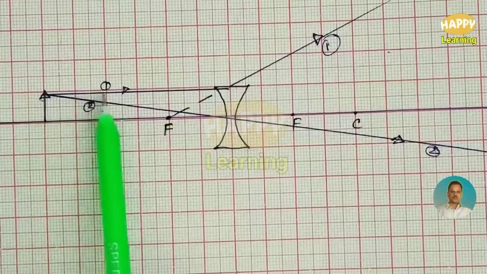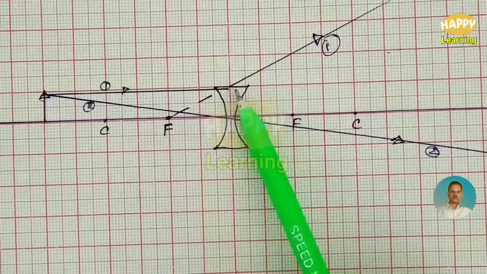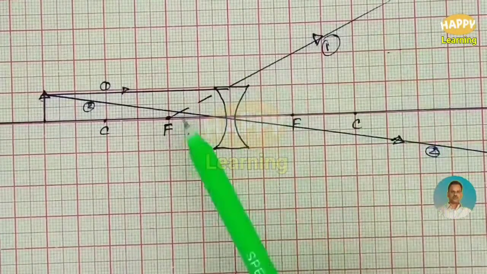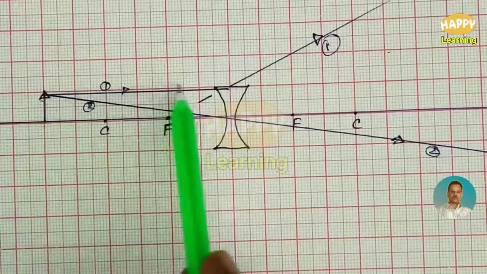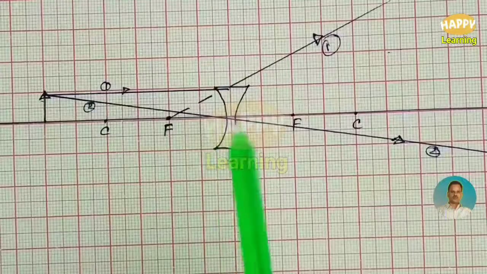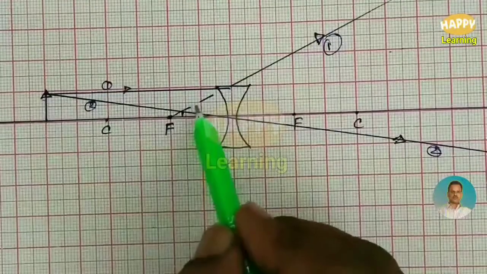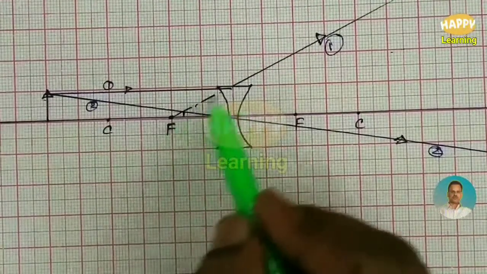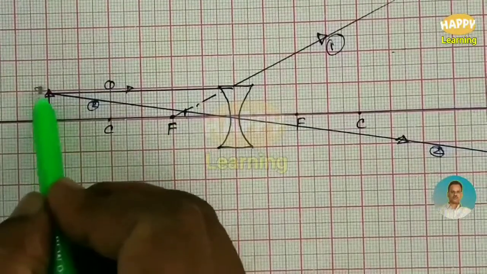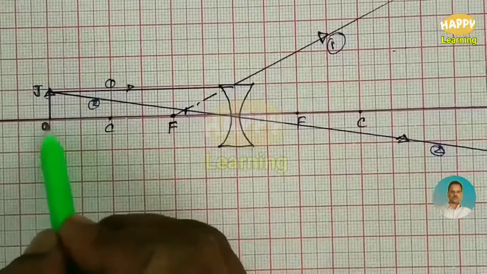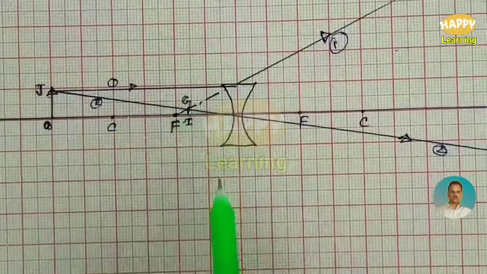So when the ray is parallel to the principal axis, after passing through the concave lens, it refracts such that it appears to be coming from this focus. Now, these two rays, number 1 and number 2, are intersecting here because it is a dotted line. Dotted line is assumption. So this is image. This is object OJ, and here you got image IG.